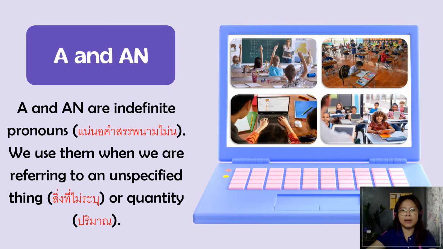Next, what is a and an? A and an are indefinite articles. We use them when we are referring to an unspecified thing or quantity, like we have a bag, an apple, a laptop, an eraser.